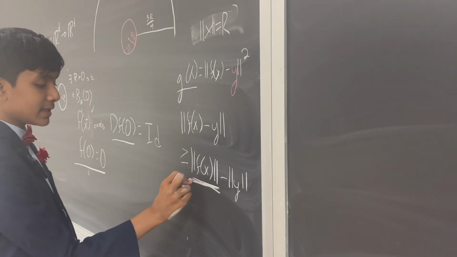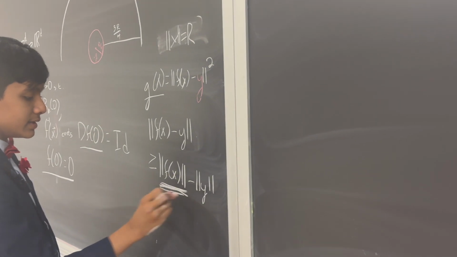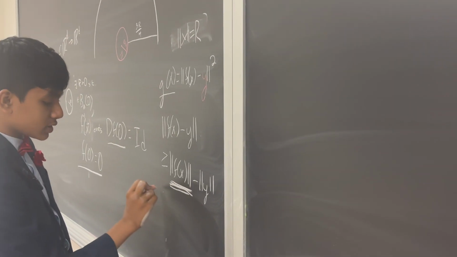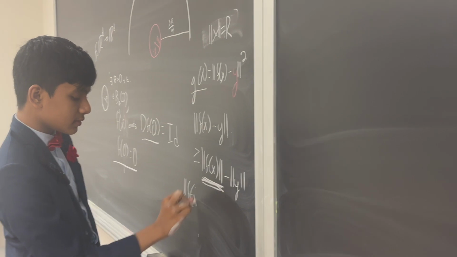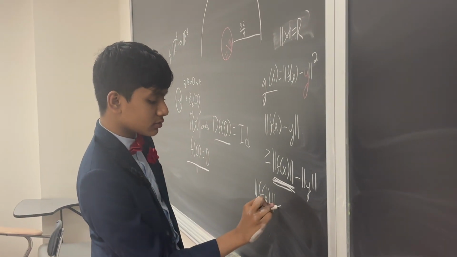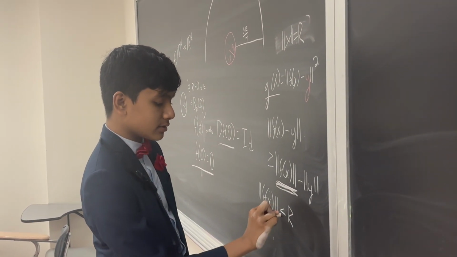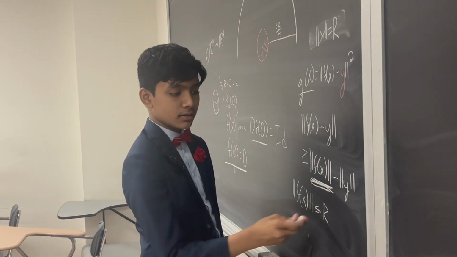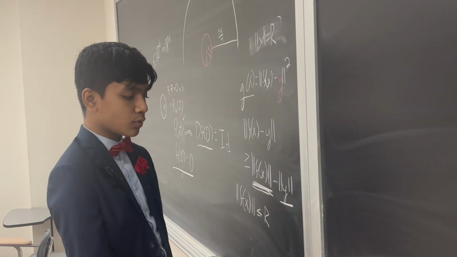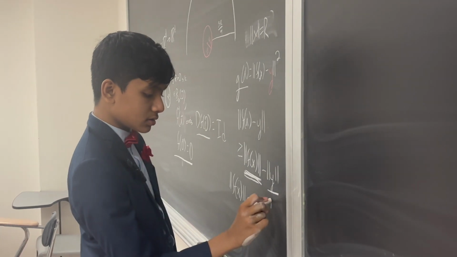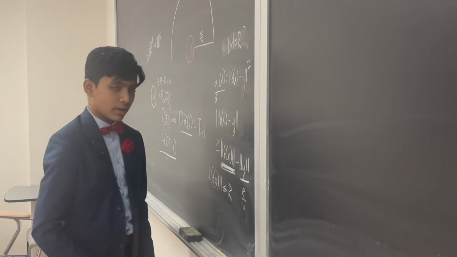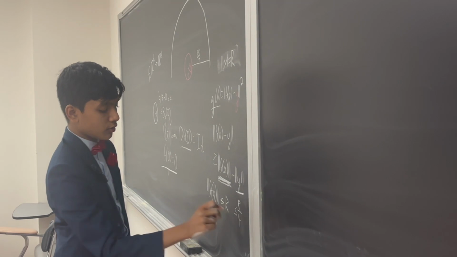Well, that means that this guy right here, f of x, the norm of f of x is going to be less than or equal to r. And y's norm is going to be, well, less than or equal to r over 4.